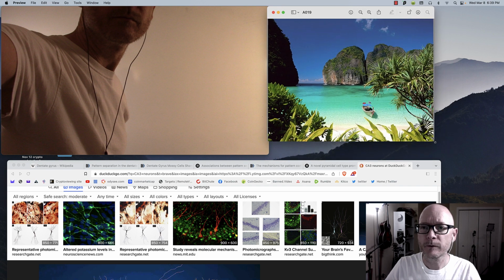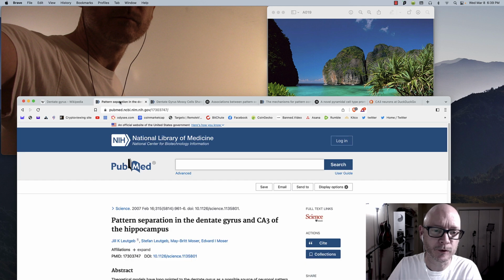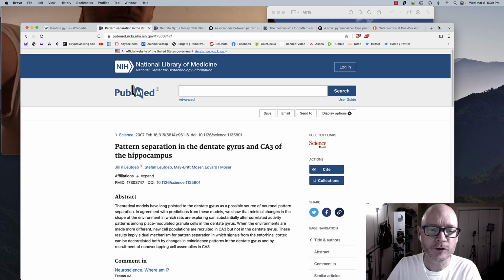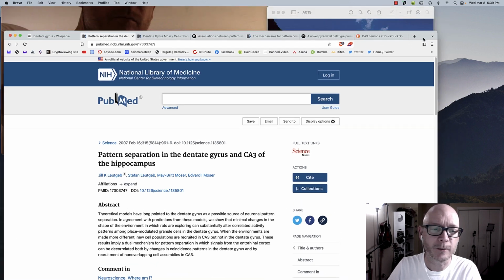My main focus right now is what is termed the pattern completion and pattern separation mechanisms. This is taking place in the dentate gyrus and the CA3 neurons of the hippocampus.